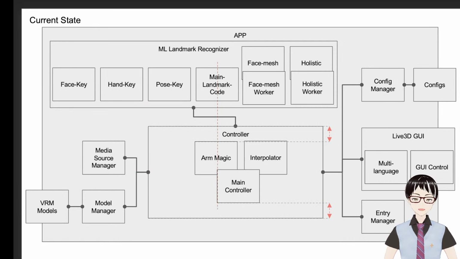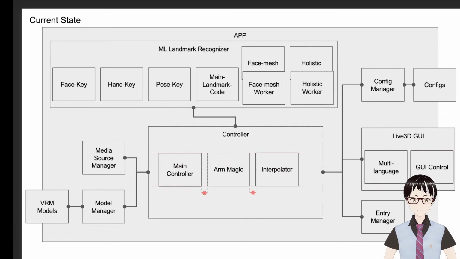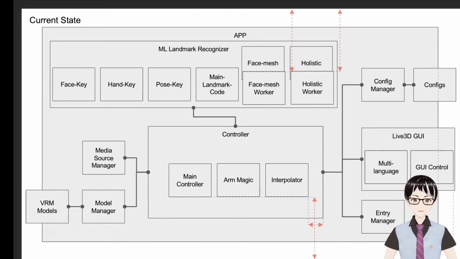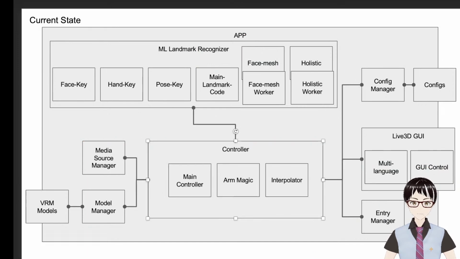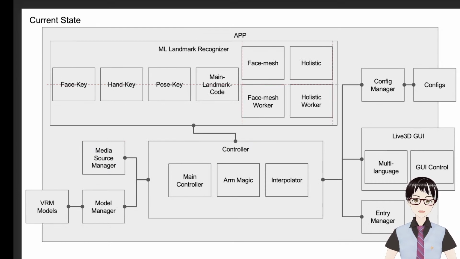We just need to separate a lot of functions from the main controller, which is currently the ugly part. We will probably need to understand what is inside the main controller as well, but we can do that after. So the main thing that we'll probably need to rewrite, just in terms of code, will be how we handle our landmark recognizer. Right? So this is the ugly part.